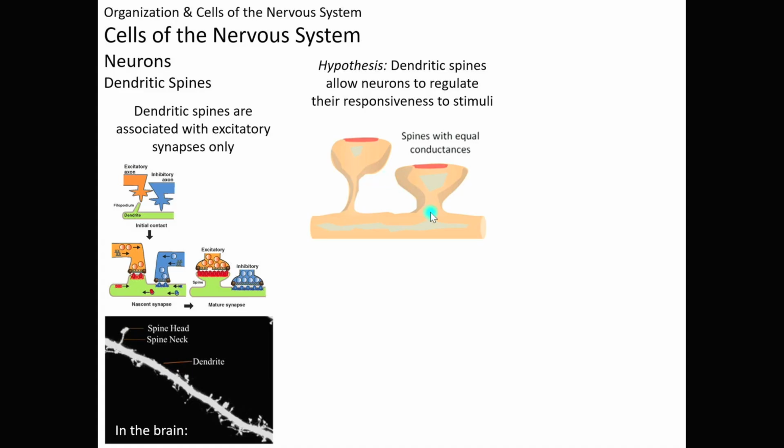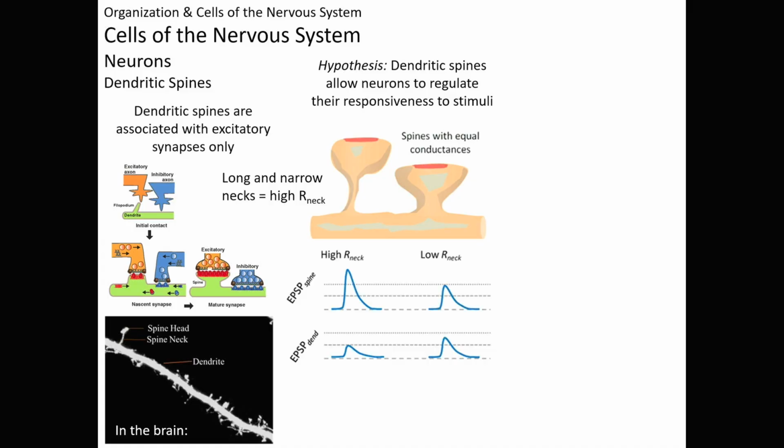The one on the right has a very short and wide neck. And this is actually really important because this difference in the neck architecture influences how easily excitatory signals can travel from the head, where they originate, to the actual dendrite.